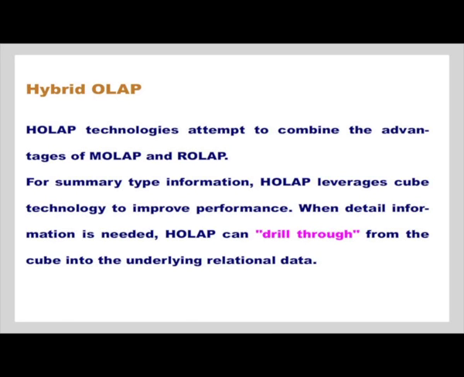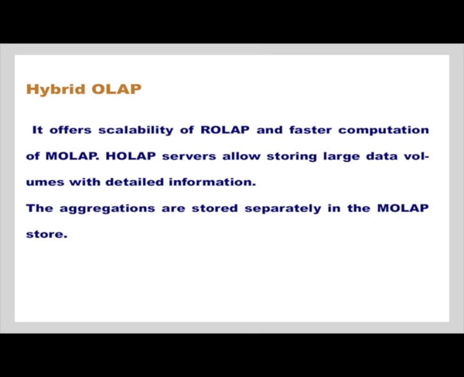When detailed information is needed, HOLAP can drill through the cube into the underlying relational data. It offers the scalability of ROLAP and the faster computation of MOLAP. HOLAP servers allow storing large data volumes with detailed information. The aggregations are stored separately in the MOLAP store.